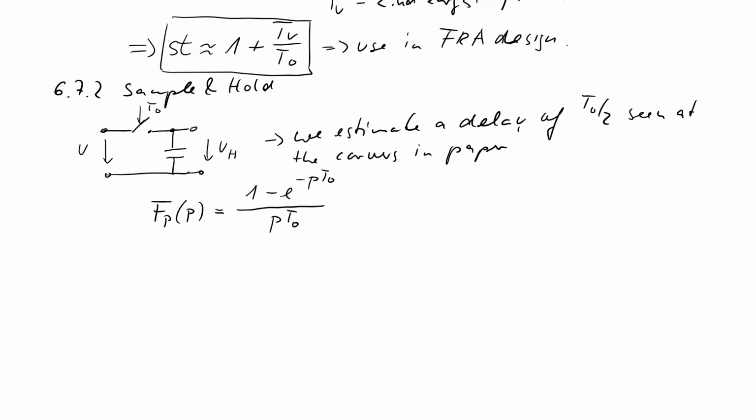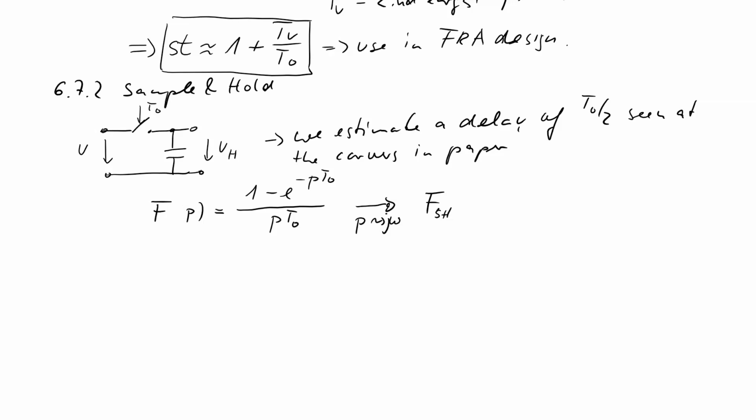And I want to have the frequency response equations of this transfer function. So we can come to the frequency response by replacing p with j omega. Sorry, my index here is misleading.